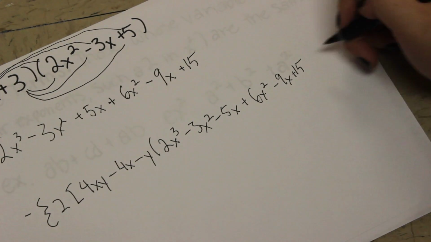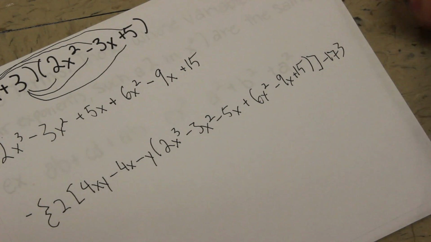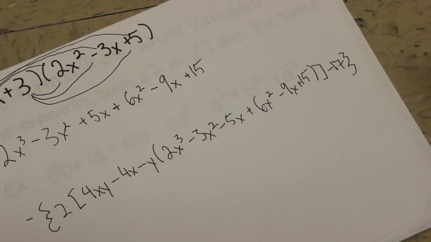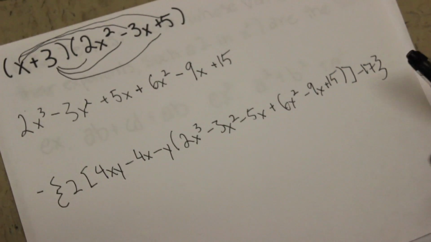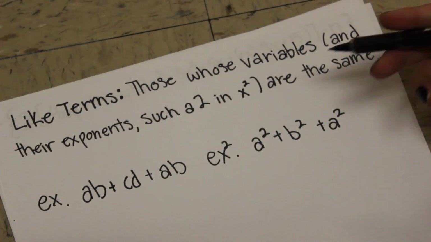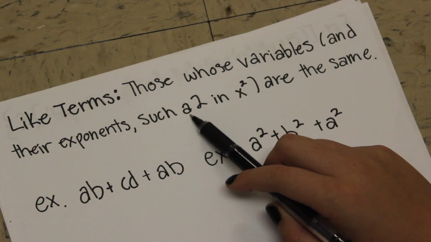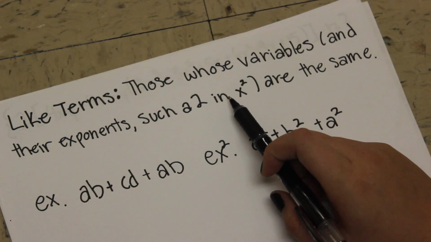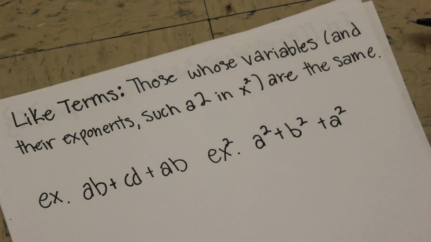that is really long. Okay. And that's what we get. And now we have to simplify it even more, we have to combine like terms. And like terms are variables and their exponents, such as a 2 in x squared, are the same.